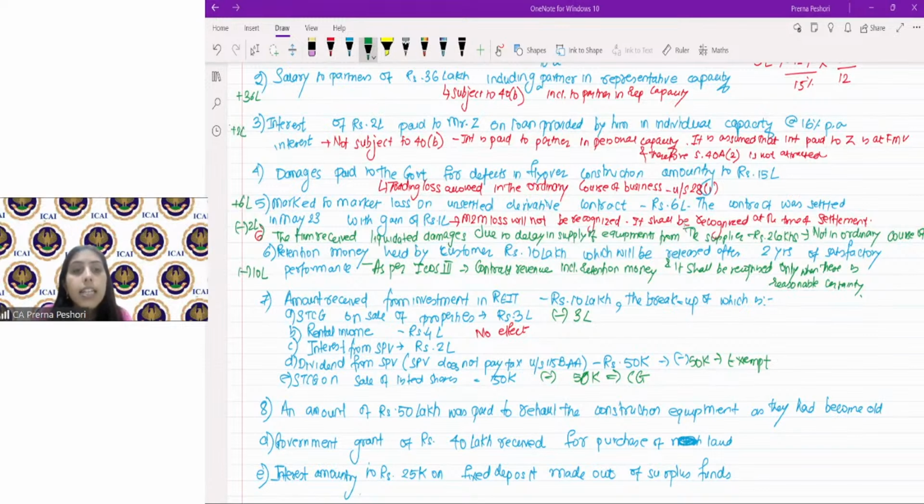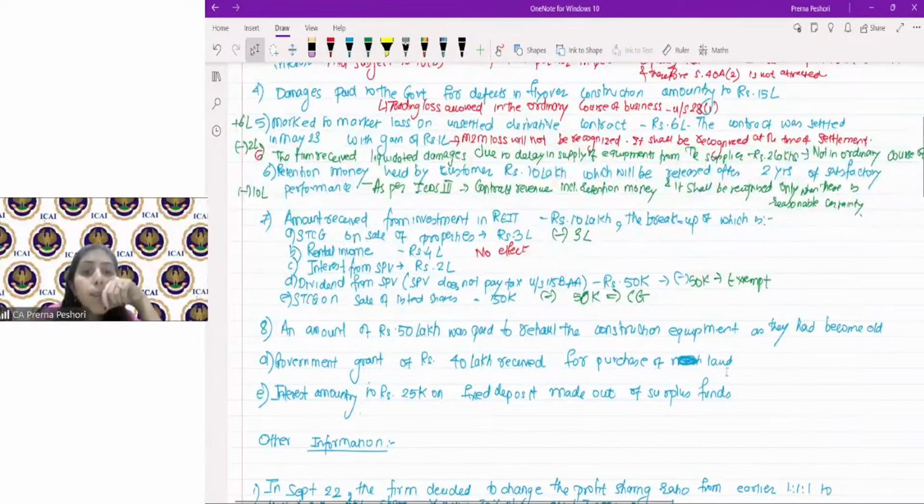Okay. Now let's move further. An amount of rupees 50 lakh was paid to rehaul the construction equipment as they had become old. What will you do in this case?